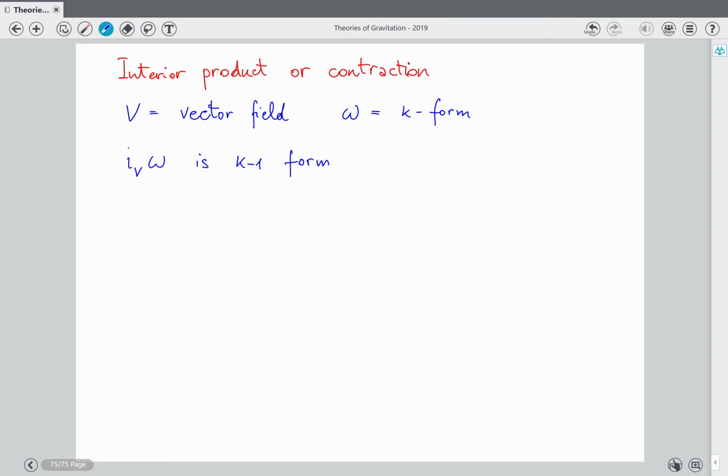And since it is a form, it acts on k minus 1 vector fields. So it's the form that, acting on k minus 1 vector fields, gives the same that you obtain by acting by means of omega on V and the other k minus 1 vector fields.